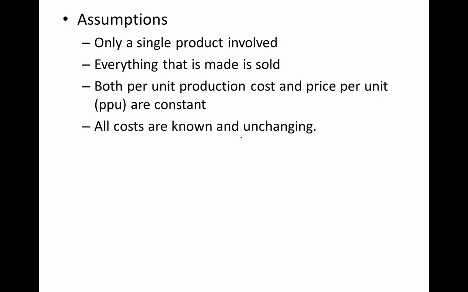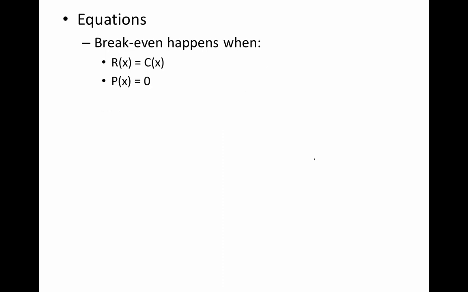Now, when you want to continue further and actually calculate the break-even point for your equation, you do see that the break-even point is when profit is 0 and total revenue equals total costs. So that's how you would set up your equation when you want to try to calculate that.